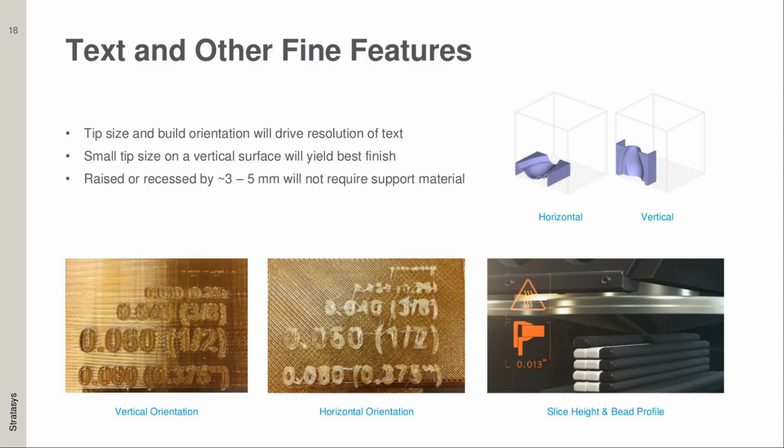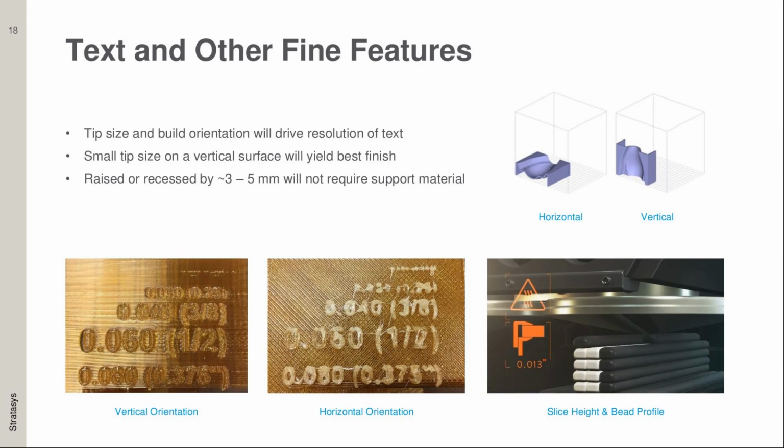And then also the font, you're starting to approach the limits of FDM because you have a bead that is a certain profile, and then you have text that is a certain profile. So, in general, use very forgiving blocky fonts. Go as big as you can. I would recommend recessing it into the part 3 to 5 millimeters, and that way you won't need support material.